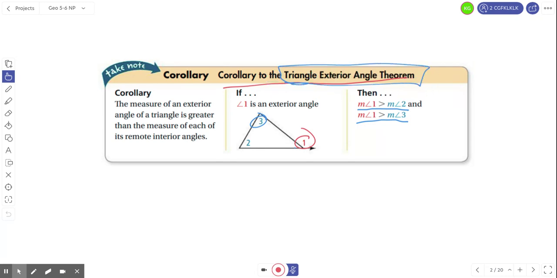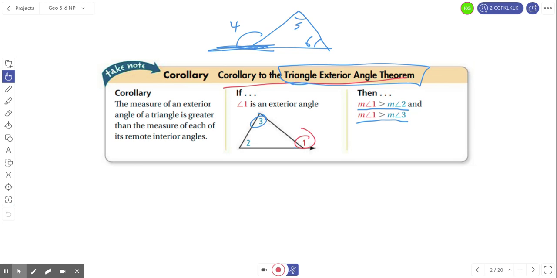The triangle exterior angle theorem said that in a triangle, this exterior angle, I'll call this 4 because we already use 1, 2, and 3. But this exterior angle, if we call this 5 and 6, is equal to 5 plus 6.